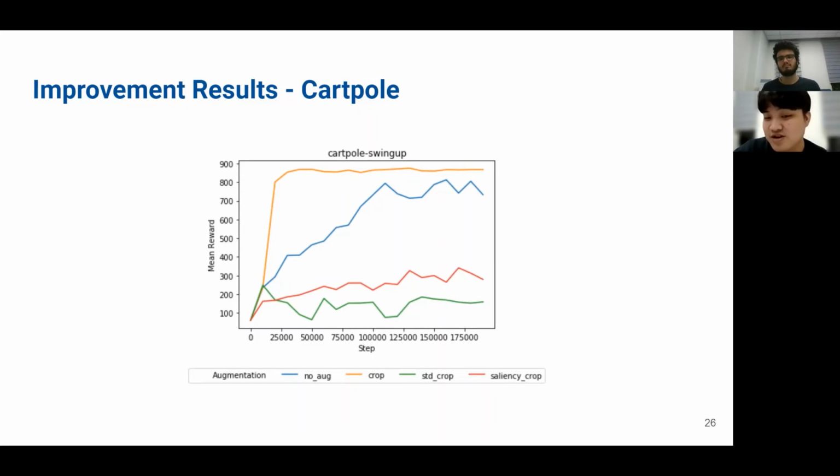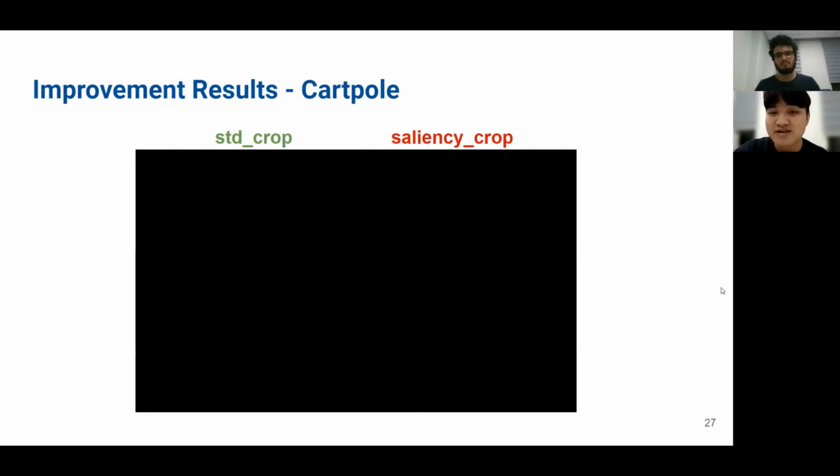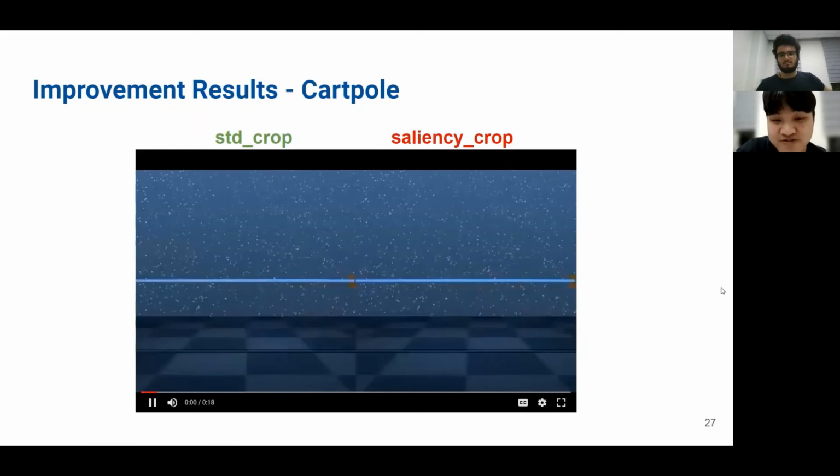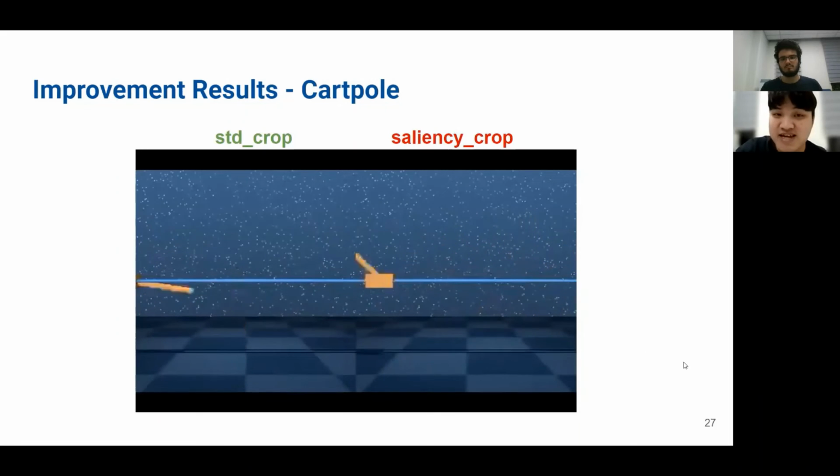Even though saliency crop is better than standard deviation-based cropping, it doesn't perform better than no augmentation, and it performed much worse than random cropping in the other environment. Let's watch a visual example. We can see that the couple doesn't really balance well in both cases.